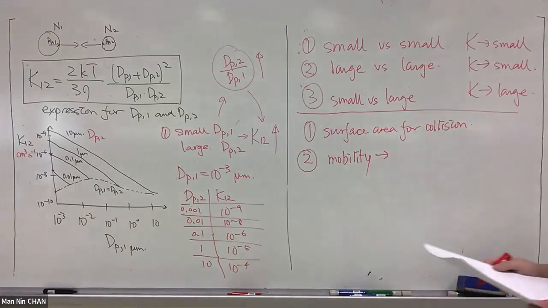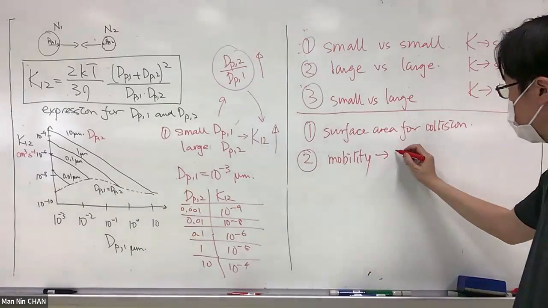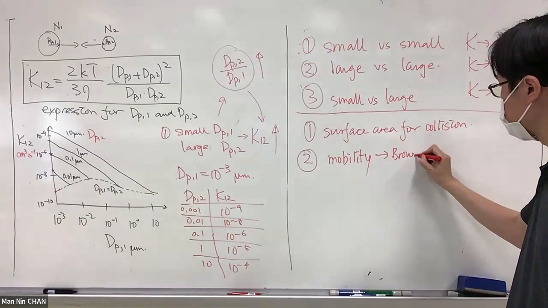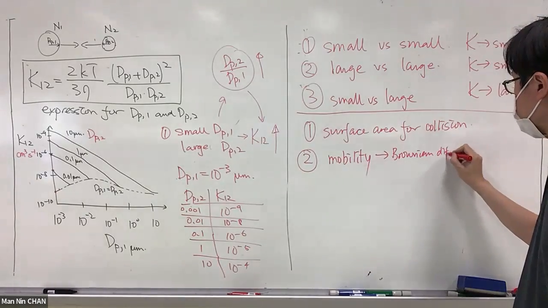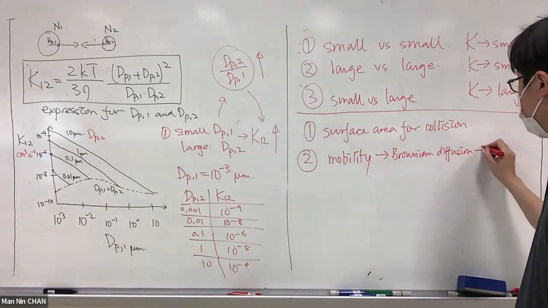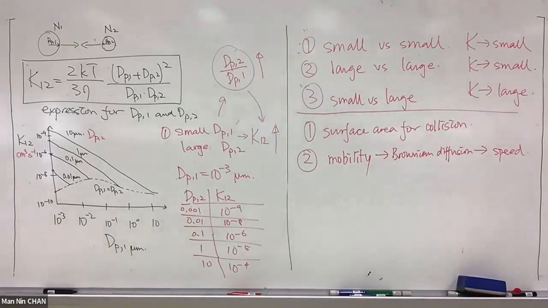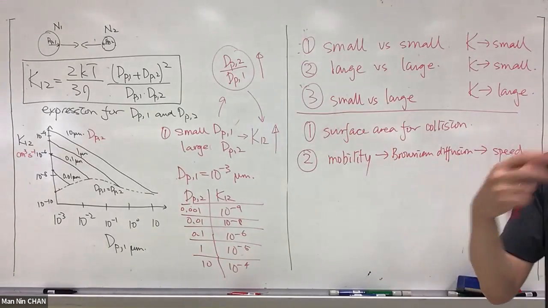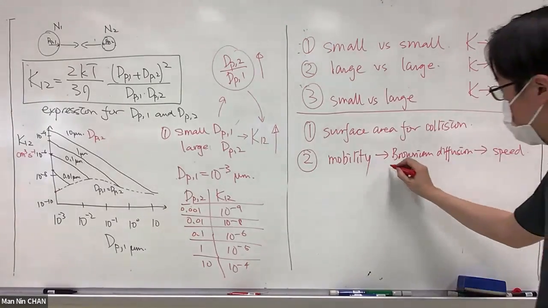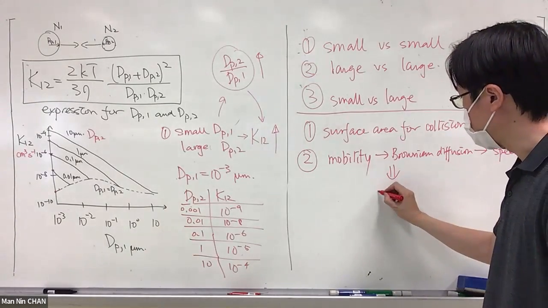This is related to their Brownian diffusion coefficient, or you can say the speed. So these are two crucial parameters that determine the coagulation.